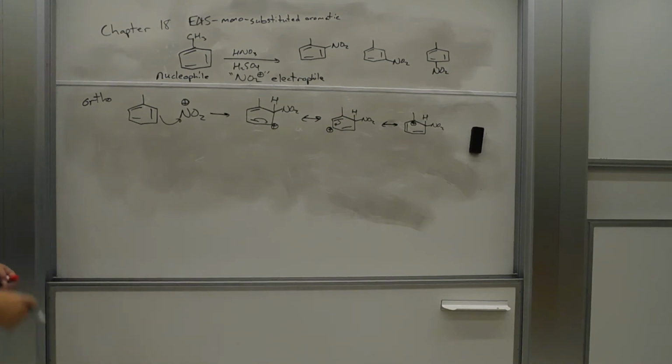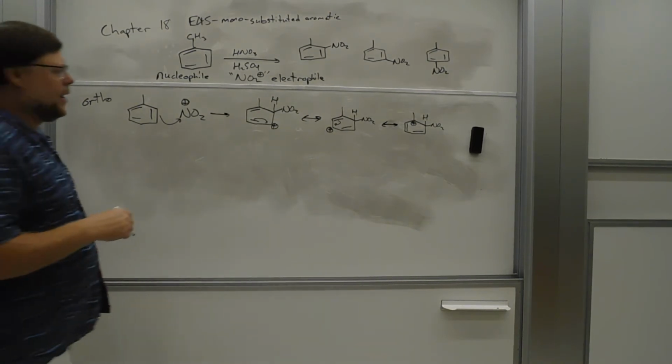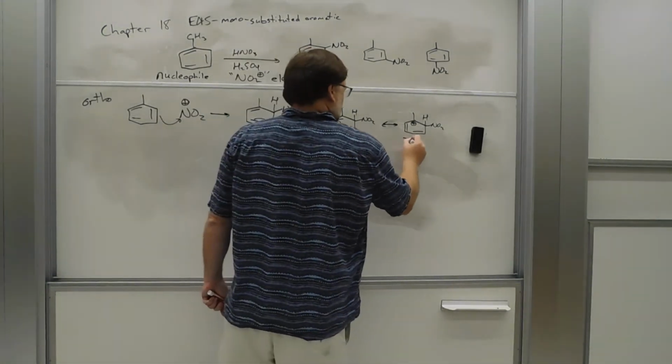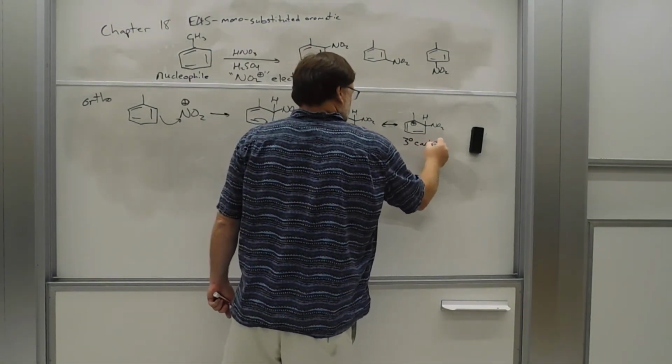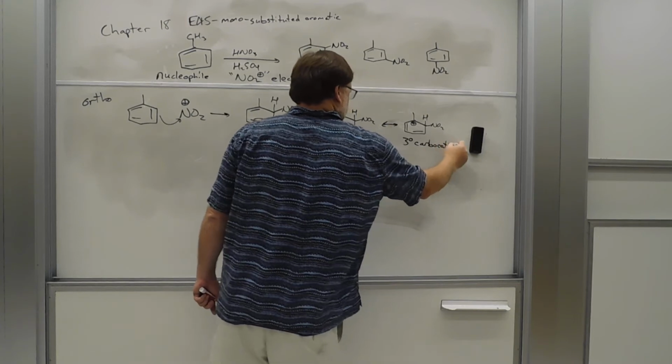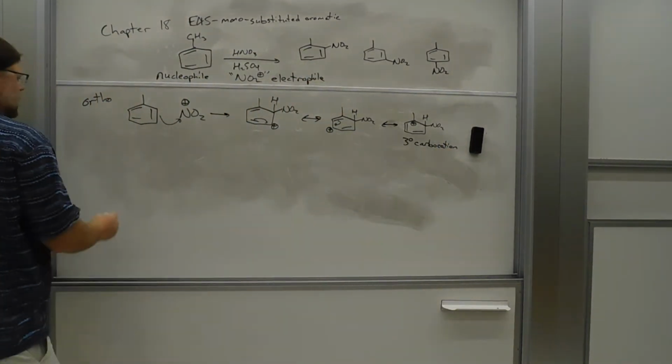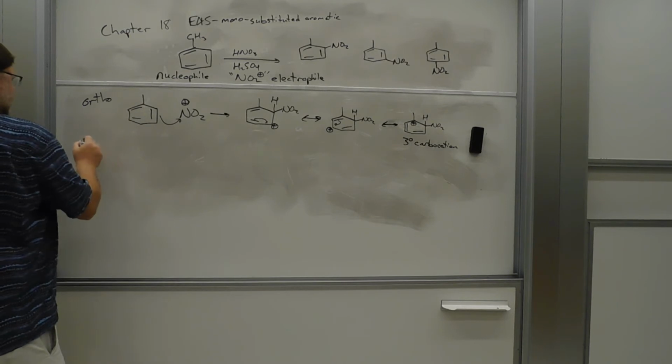The cation that you get with ortho nitration is delocalized all the way around the ring, and you get a tertiary carbocation as one of the structures. This is going to wind up being the same for para.